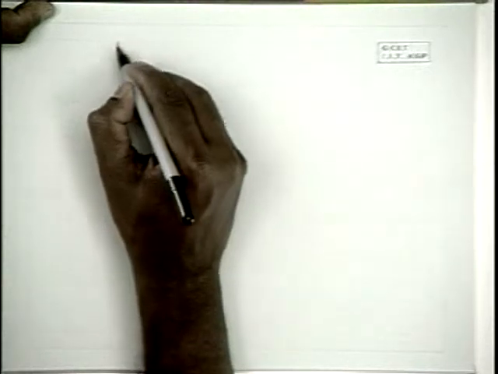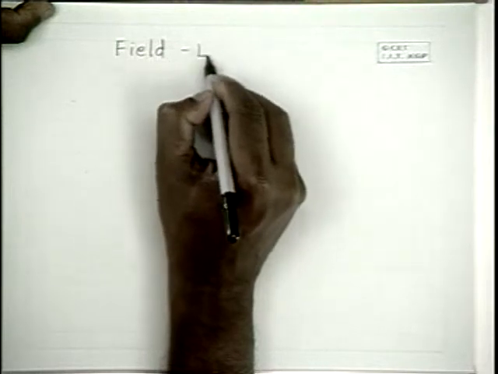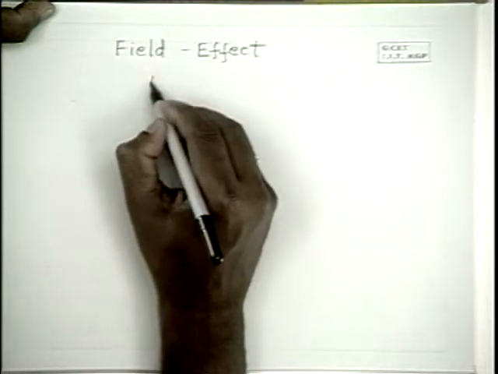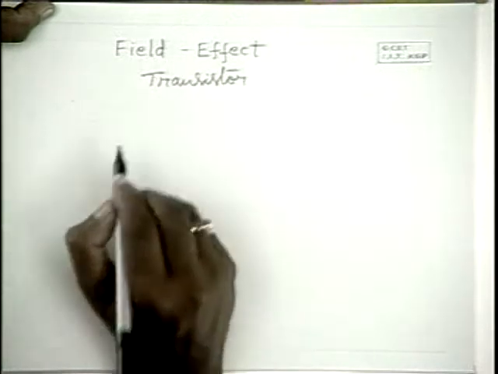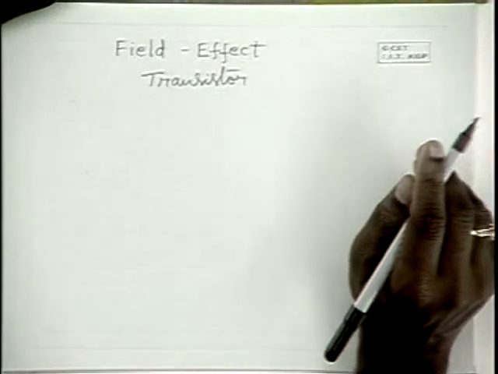Now, other than the bipolar junction transistors, you have some other interesting transistors available. So these are field effect transistors. The field effect transistors have certain advantages over the bipolar junction transistors.